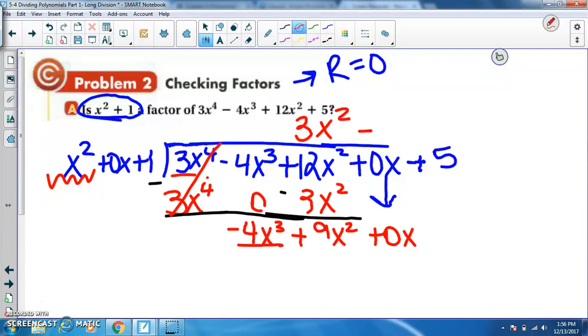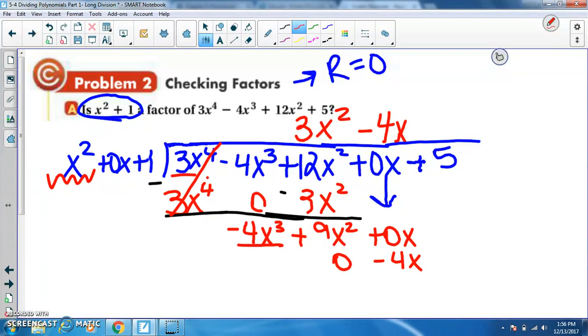And now I can line up the negative 4x. And now I'm going to multiply negative 4x by x squared plus 0x plus 1. So negative 4x times 1 is minus 4x. Negative 4x times 0 is 0.